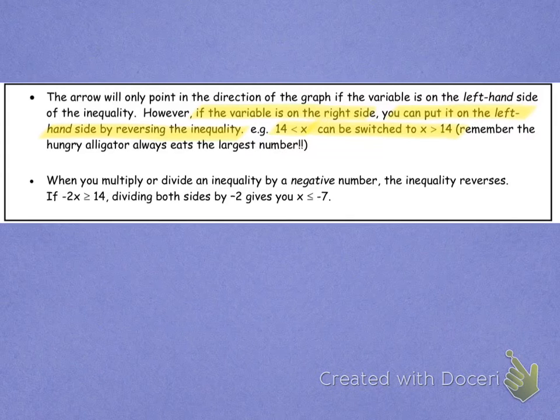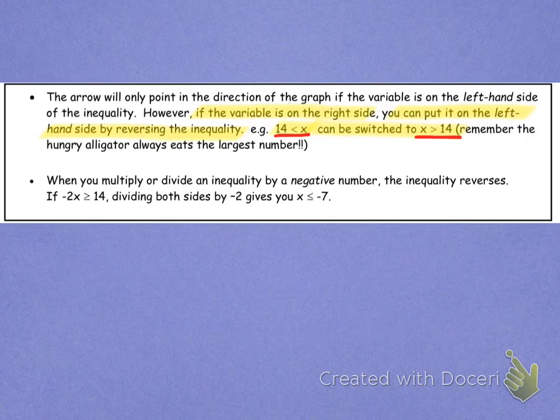So I know you learned inequalities in elementary school, and it talks about the alligator. Right here, the alligator is eating the x. So when I switch the sides of my variable and number, here the alligator is still eating the x. So I didn't change my value by switching them because I switched not only my sign, but I switched which side the numbers and variables lie on. So what I highlighted is super important to make sure you have written down.